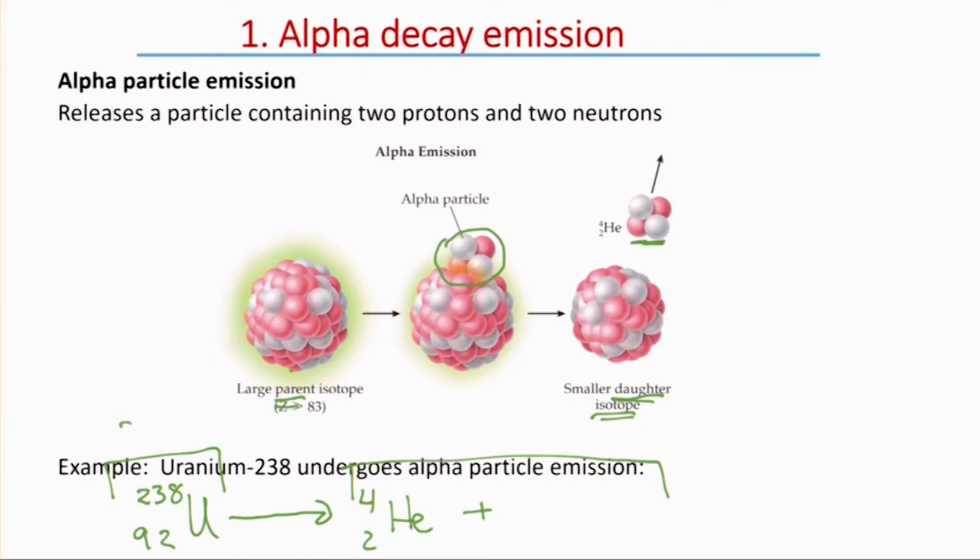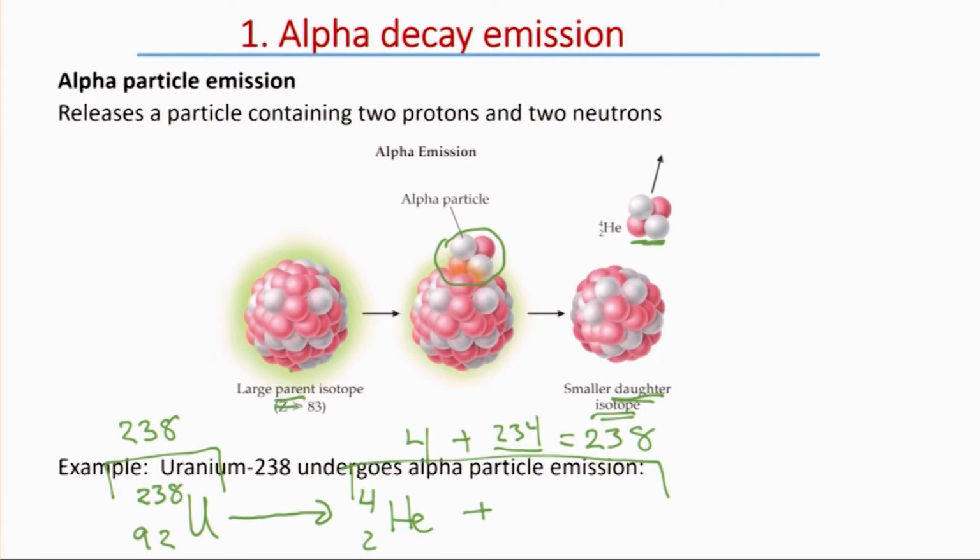It's 238 over here, so 4 plus something will also equal 238. What does that have to equal? It's going to be 234.